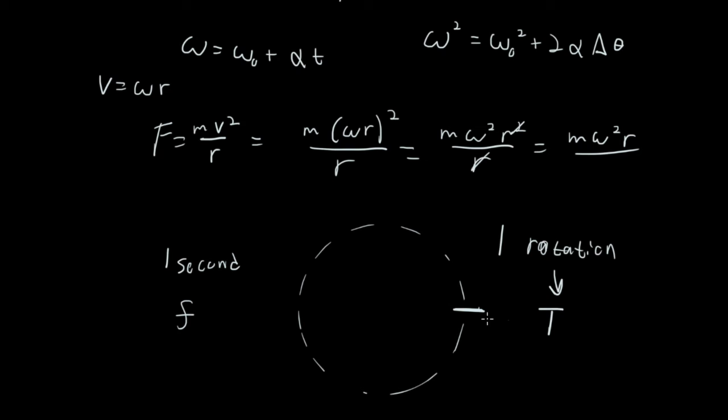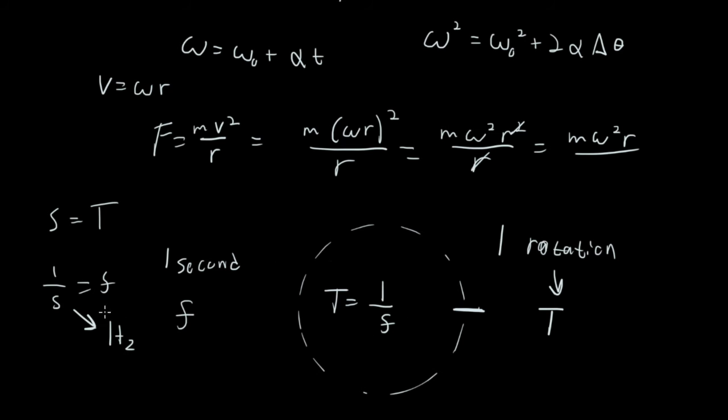And frequency and period are just inverses of one another. So period is equal to 1 over frequency. We track period in seconds, and we track frequency in 1 over seconds. Those units should make sense. But we also have a special name for that. We call that hertz, and we designate it with Hz.